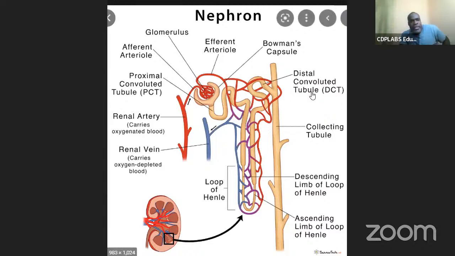Now, tell me what happens at the distal convoluted tube.